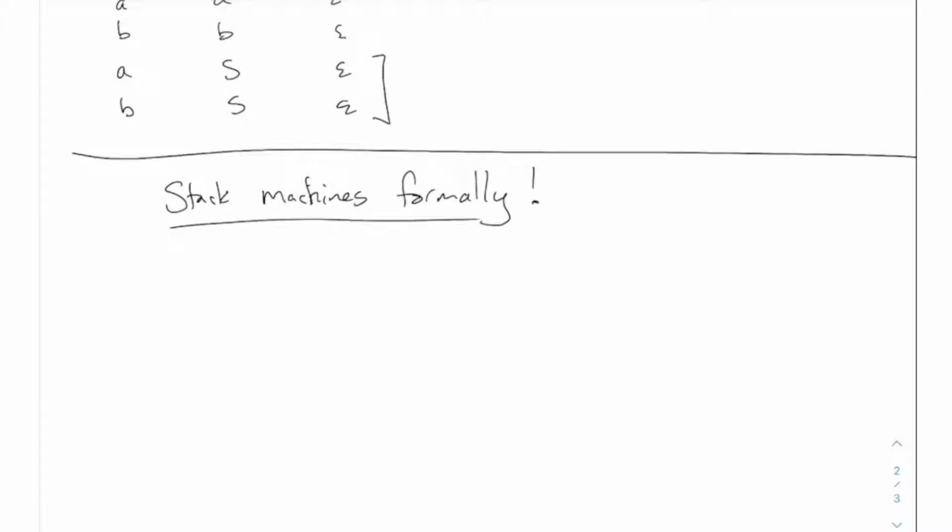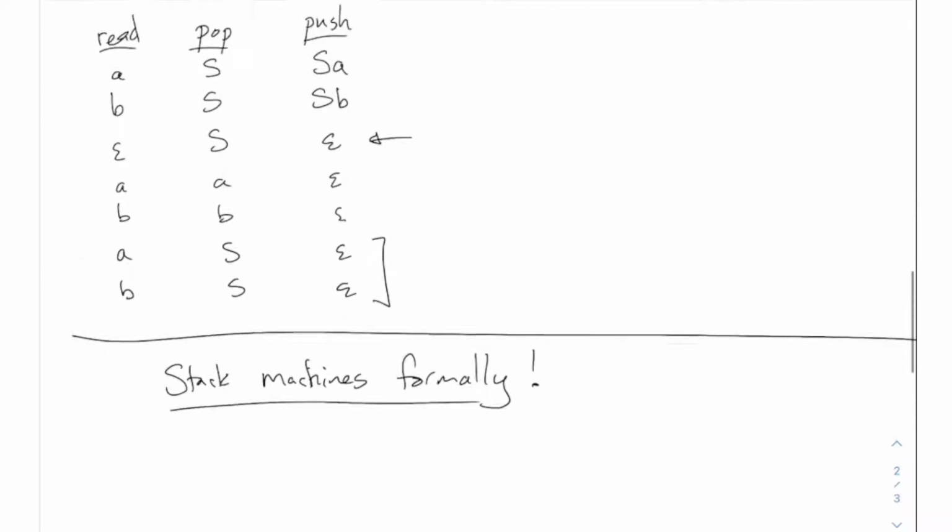Just like for DFAs and NFAs and grammars even, there is a formal description of a stack machine, which we almost never use, but is important just to keep straight exactly what is and what is not allowed in a stack machine. What counts as a stack machine? For example, are we allowed to pop the empty string? The answer is no.